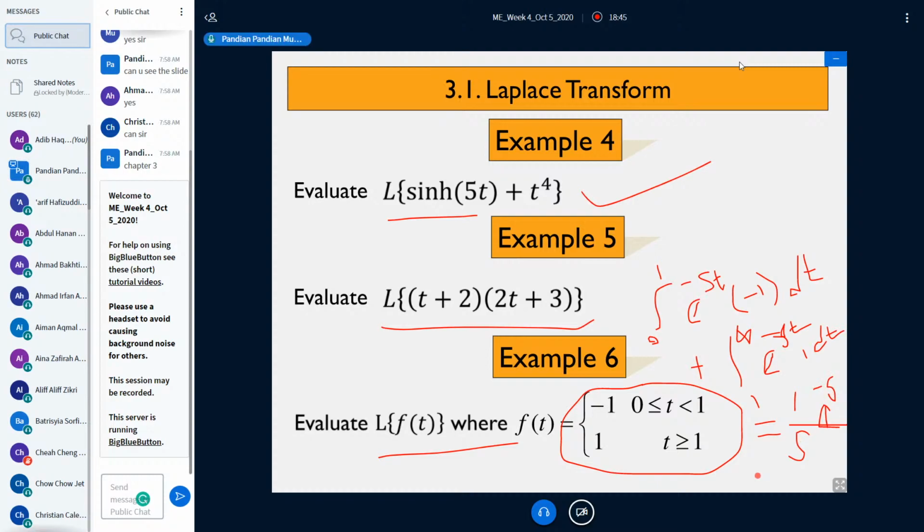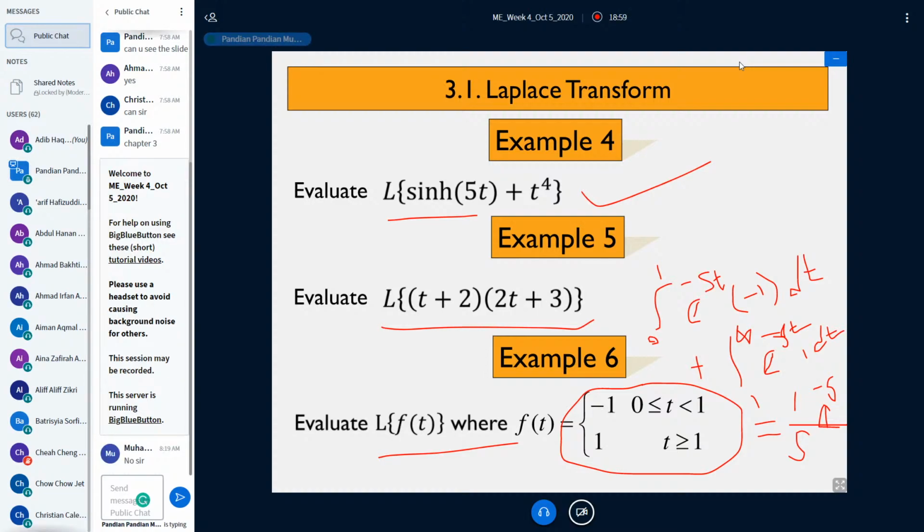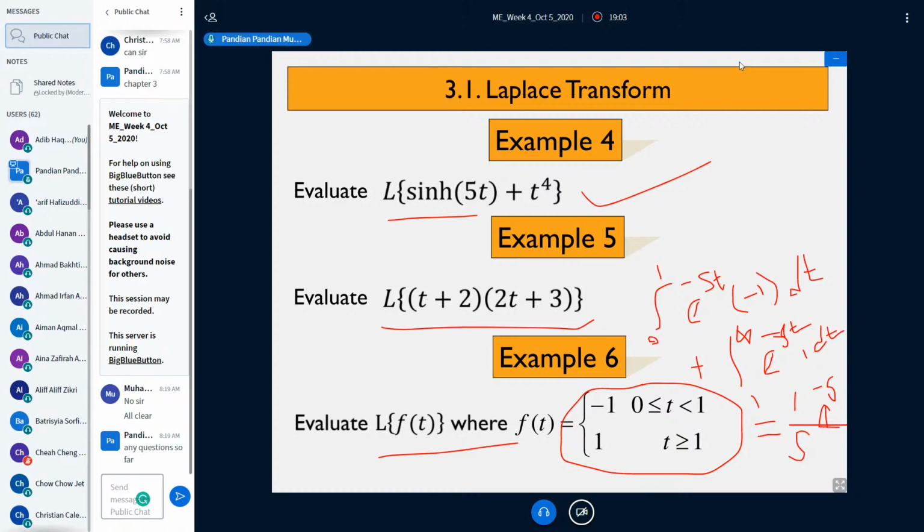Any questions, class? Any questions so far, before we move on to inverse Laplace? This example is very good. You must refer to the table whenever you solve example 4, example 5, example 6, but example 6 is different.